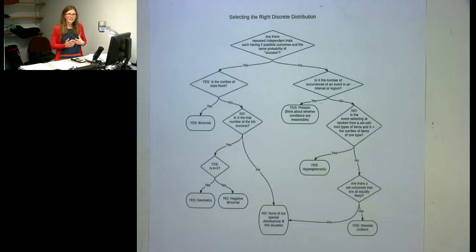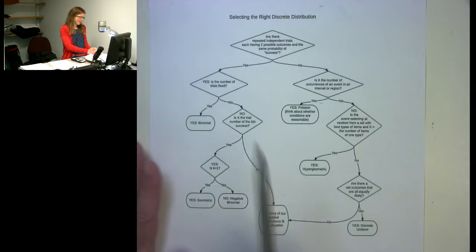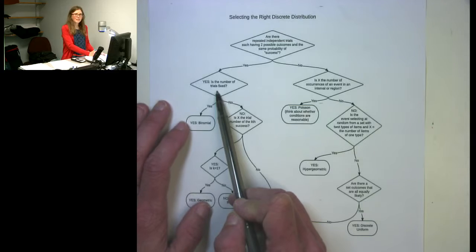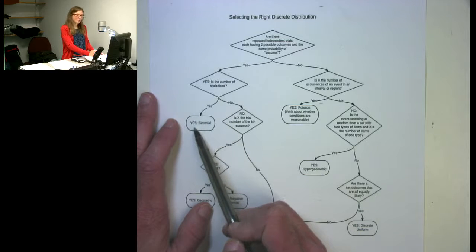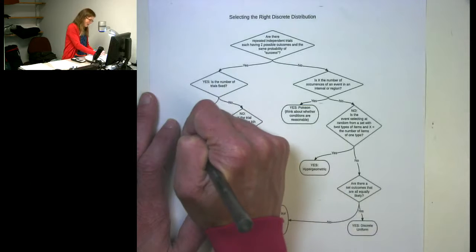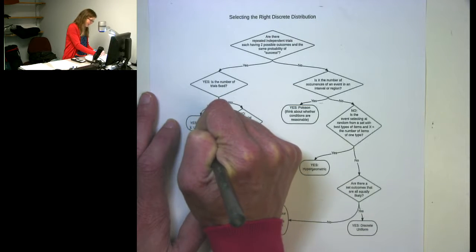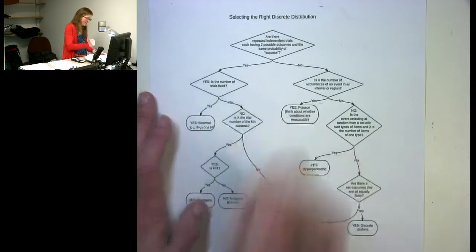If that's the case, then I next ask myself if the number of trials is fixed. If the number of trials is fixed, then I'm generally going to be working with a binomial distribution, and the random variable x will be the number of successes that occur in that fixed number of trials.